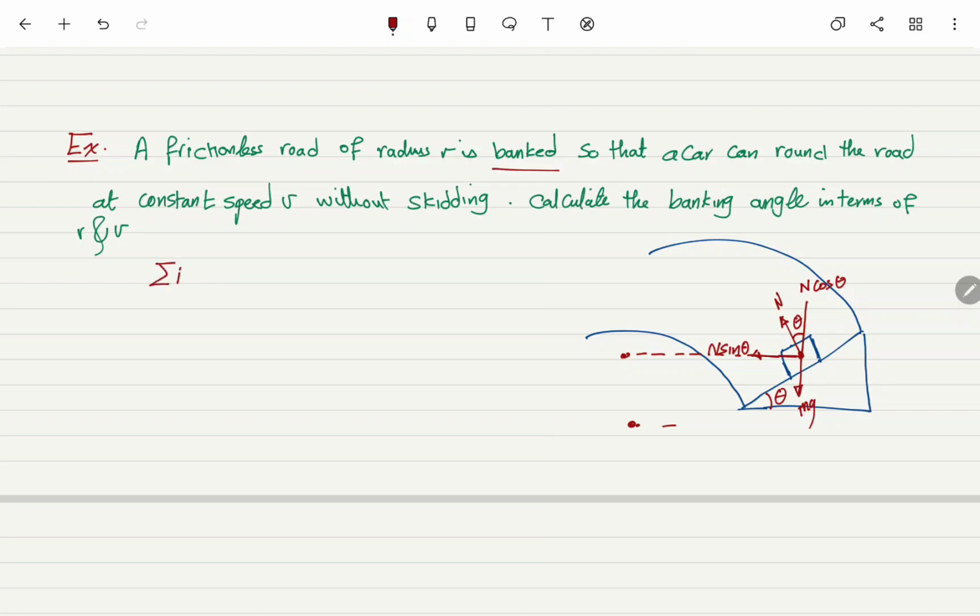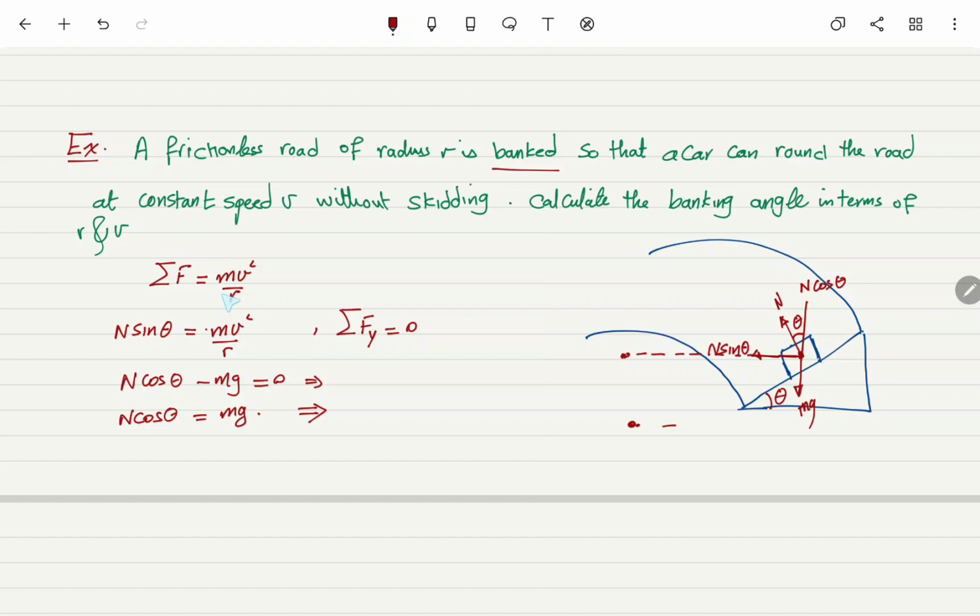Sum of all forces on x equals m v squared over r. F here is N sine theta equals m v squared over r, and the sum of all forces on y equals 0. In this case, N cosine theta minus mg equals 0, or we can say that N cosine theta equals mg.